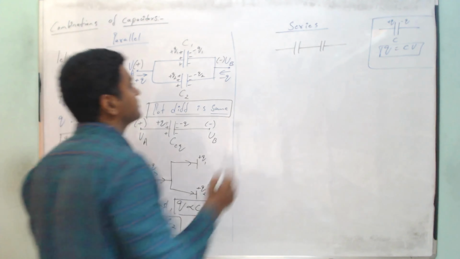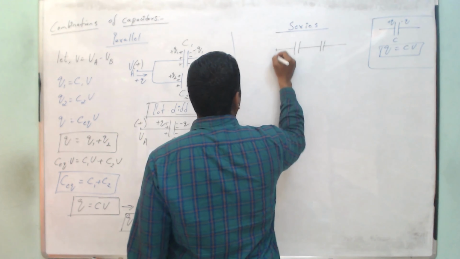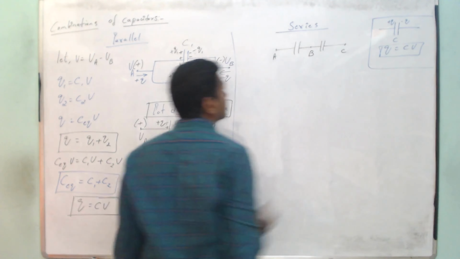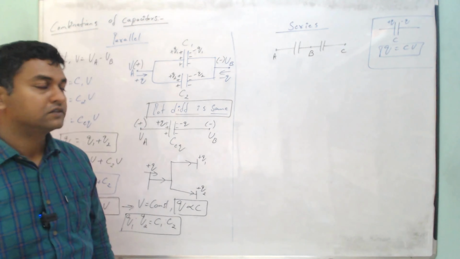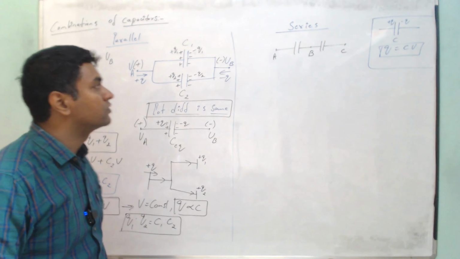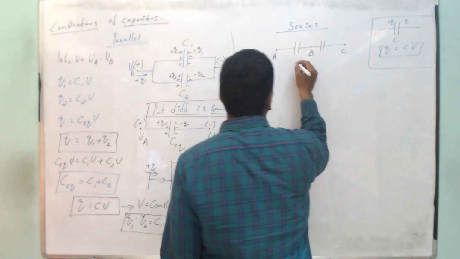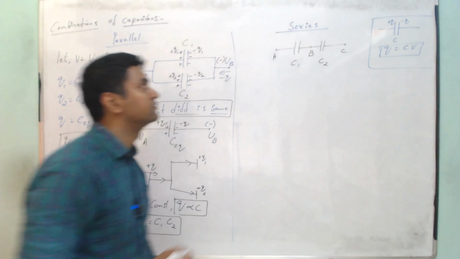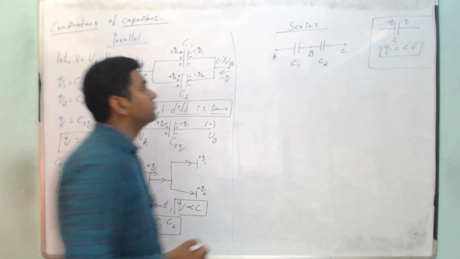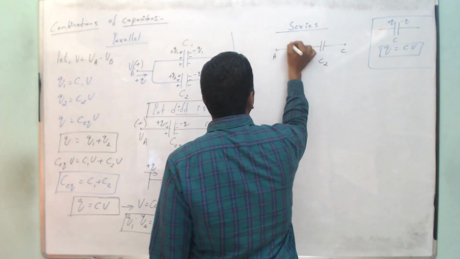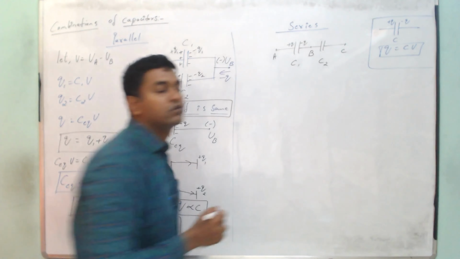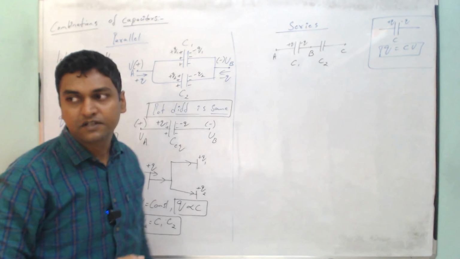Let us say this point is A, B, and this is C. Right? Yes, sir. So let the capacitance over here be C1 and the capacitance over here be C2. If I have plus Q charges accumulated over here, then I will have minus Q accumulated on the right side of that same capacitor.